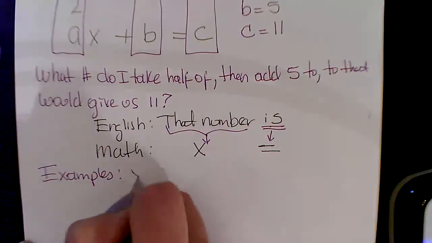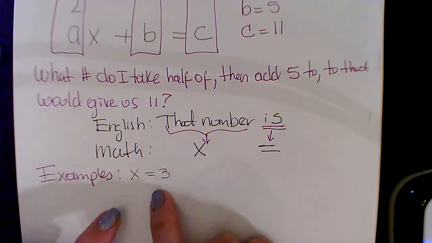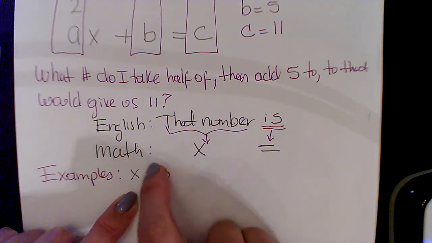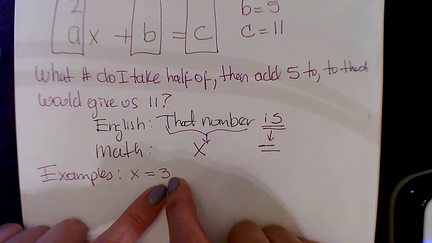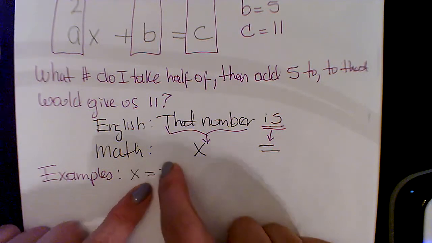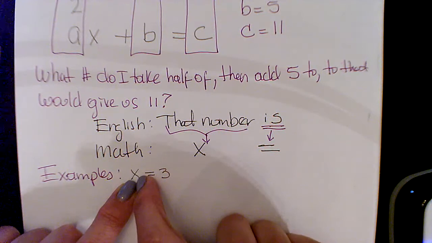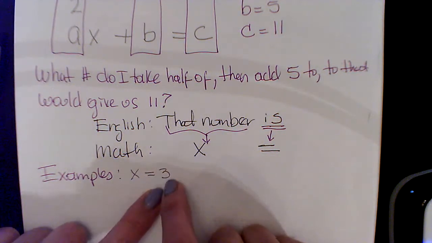That means that if we see an x, we're looking at a 3, meaning that 3 is temporarily stored in the variable or the letter. So if I wanted to write the number 3, I can write x is equal to 3.